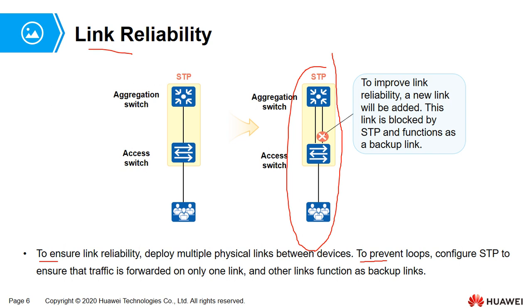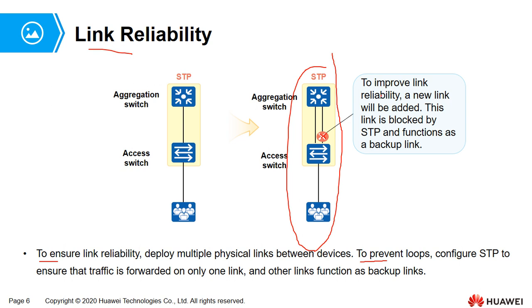You can see this port is blocked, and the other links function as backup links. This link is used to back up the active link in this topology.